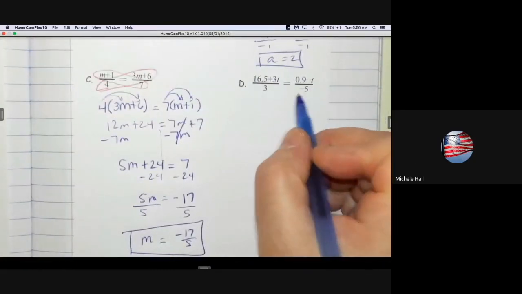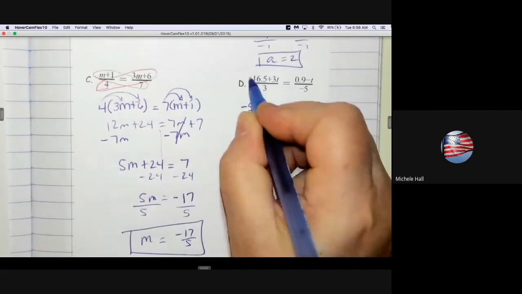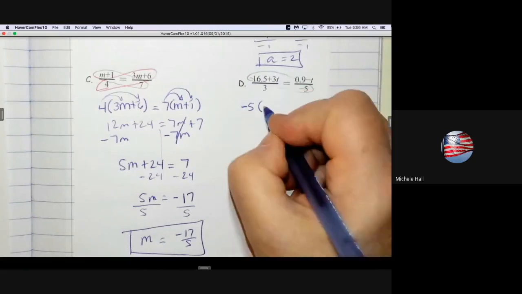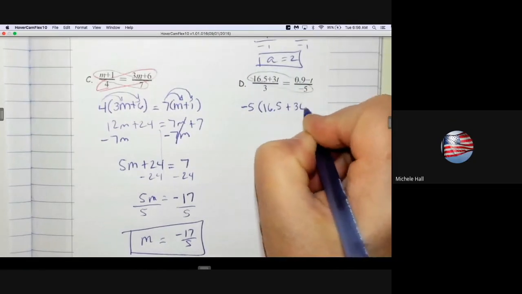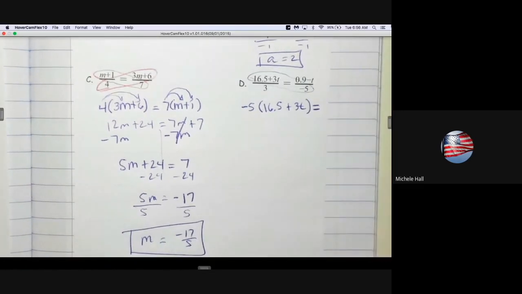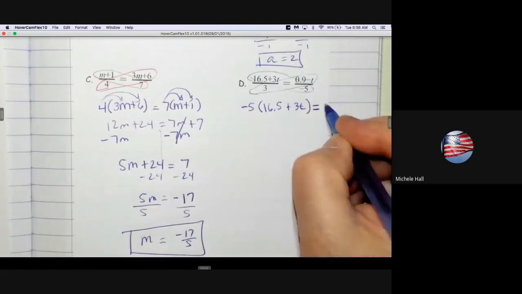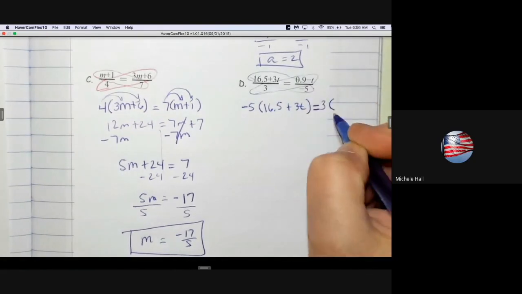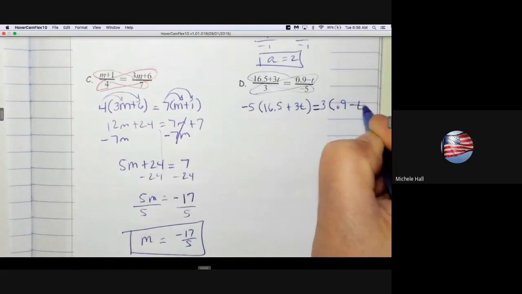All right, cross multiplying, we get negative 5 times 16.5 plus 3t equals 3 times 0.9 minus t.